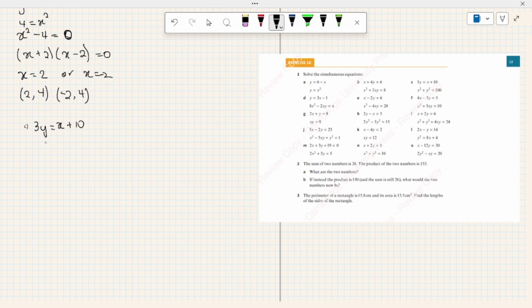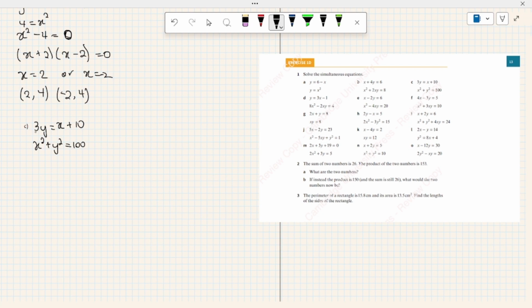Alright, so this is the first equation. The second equation says x squared plus y squared is equal to 100.